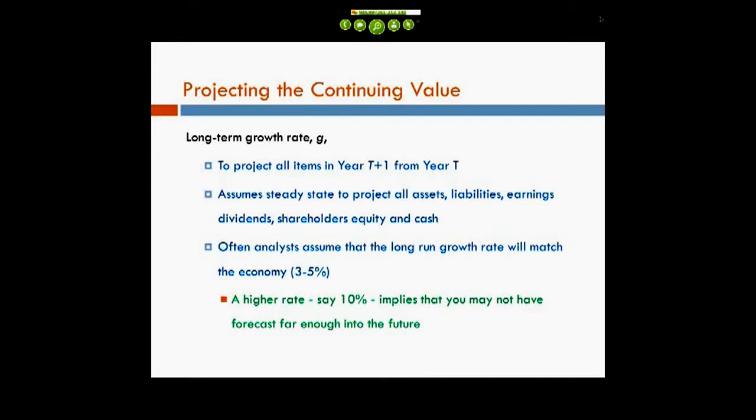Generally speaking, your long-term growth rate should be between 3 and 5%. You can use that if you're forecasting revenues, just use that growth rate and carry it through. We don't use this to do your forecasts. You're using this to calculate the continuing value after the horizon when you stop forecasting.